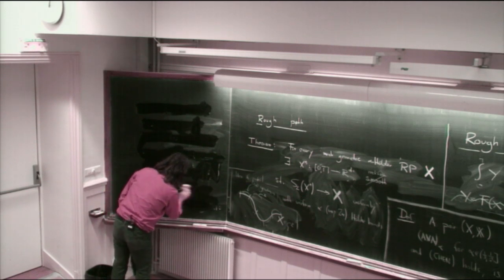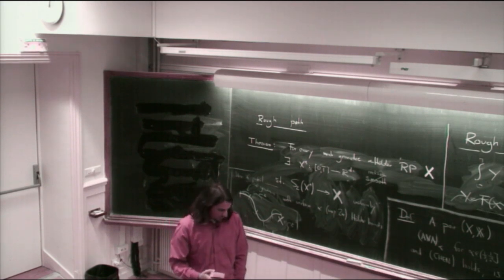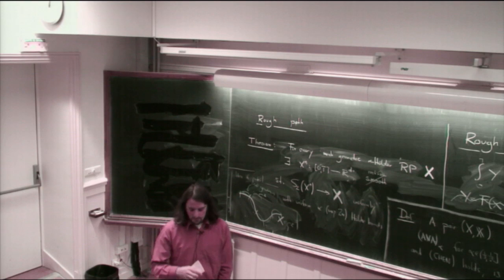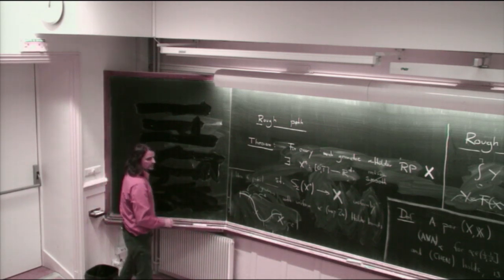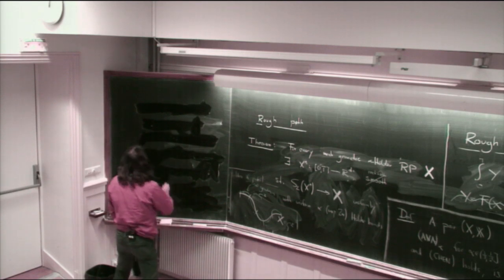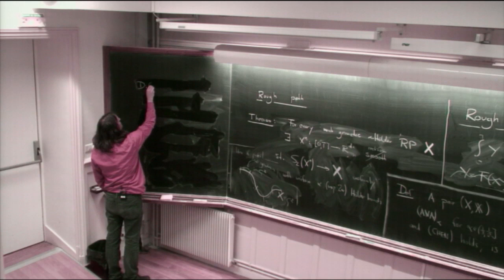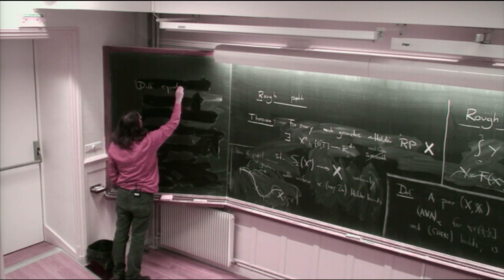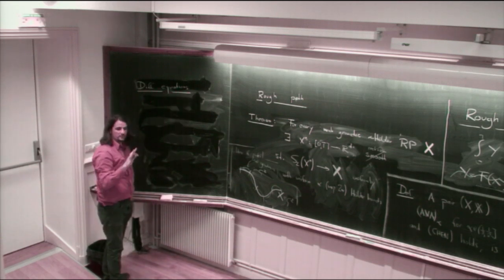So while I clean the blackboard, I sort of raised the question to the control people here in the audience. If you look at a controlled differential equation, so that's the one thing I can write down now. So think of differential equations. And so there's nothing rough here for the moment.